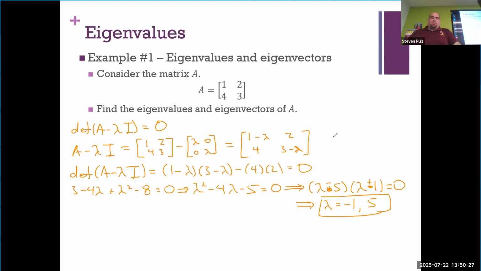So let's be sure. Let's plug one of these in and make sure that makes sense to us, because if it doesn't, then we don't really have eigenvalues. So let's start with lambda equals -1. Then A minus lambda I becomes 2, 2, 4, 4.